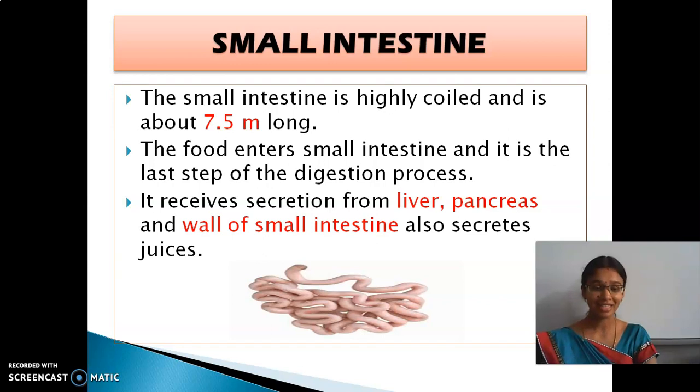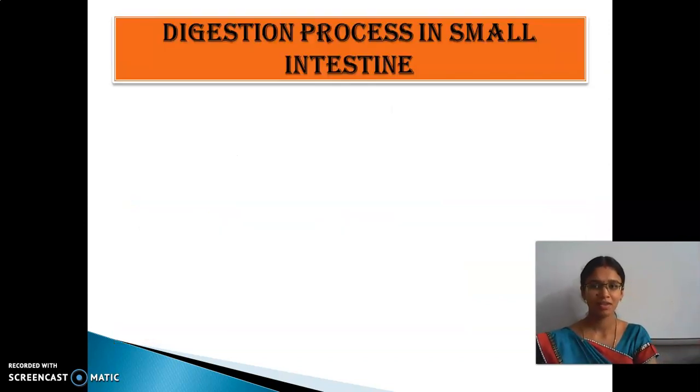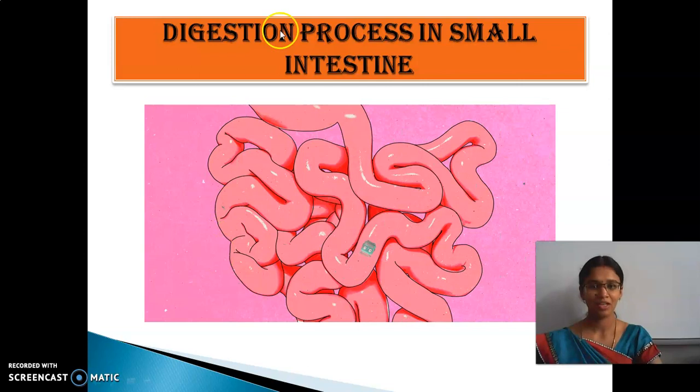So this is the structure of small intestine, which is highly coiled, up to 7.5 meters long. Okay. So now we are going to see about the digestion process in small intestine. See here, the food which enters into the small intestine passes into the walls of the small intestine and it gets digested.